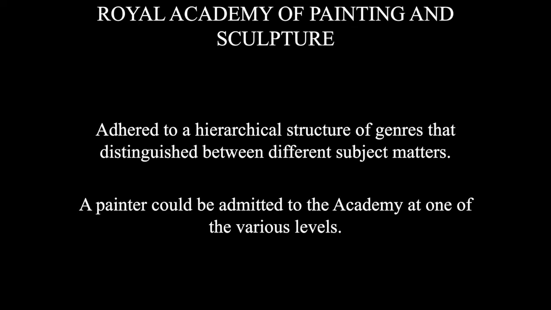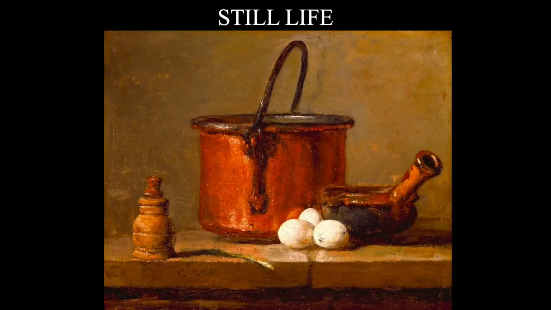They adhered to a hierarchical structure of genres that distinguished between different subject matters. I'm going to cover those in just a moment. As you entered the school, a painter could be admitted to the academy at one of various levels. Now, the lowest level was still life painting, and still lifes are collections of inanimate objects.